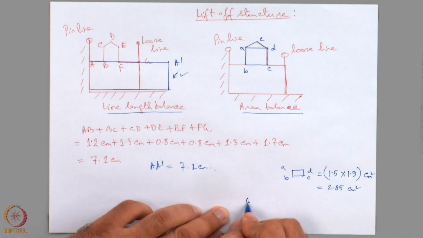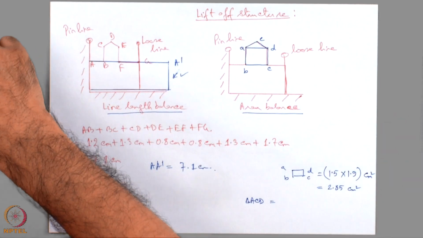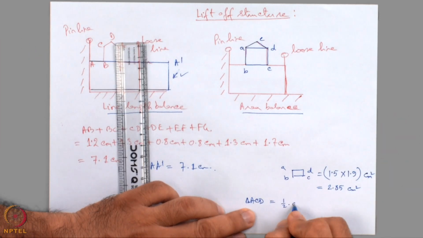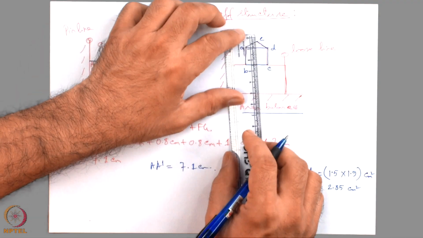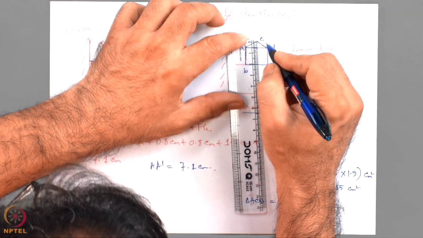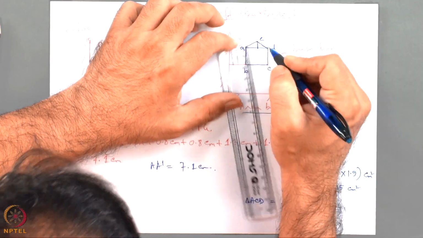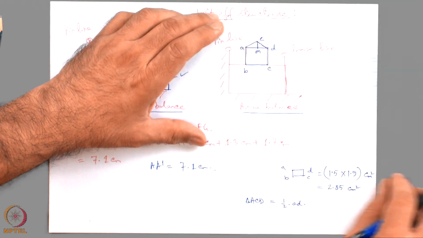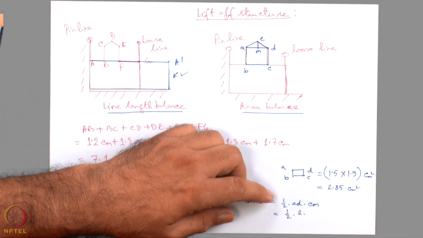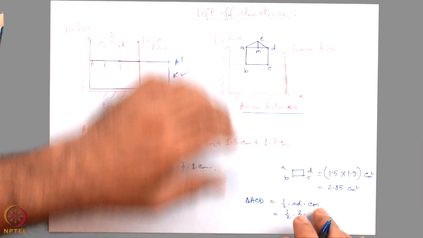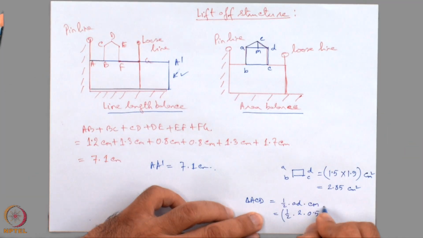The area of the triangle ACD is given by half AD length multiplied by the normal length, which is here 0.5 centimeter. AD length is 2 centimeter and CM length is almost 0.5 centimeter.